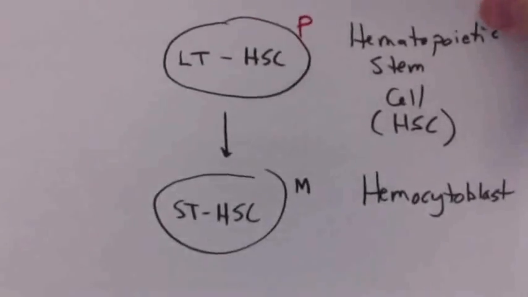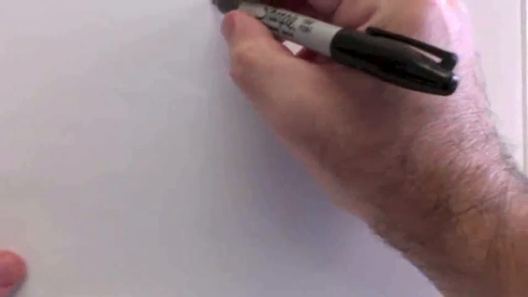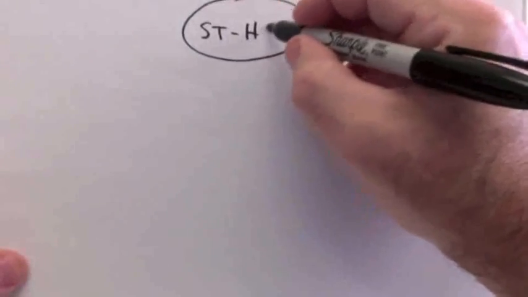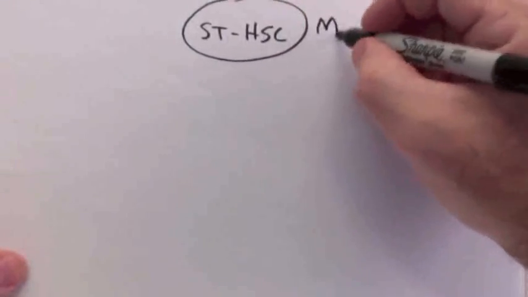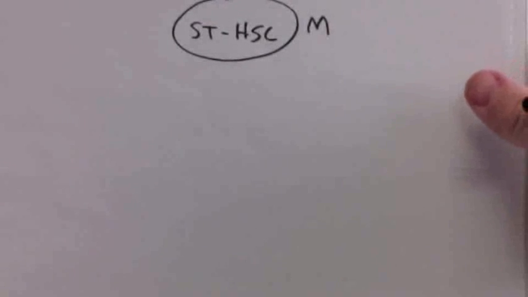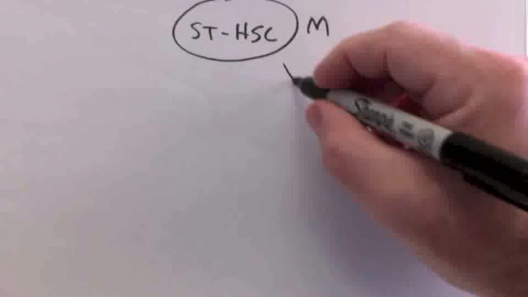We're going to focus in on that cell and its progeny, or its children. So we'll start at the top again to give us a little bit of room. We have our short-term hematopoietic stem cell, which again was multipotent. Now, this cell can divide and give rise to other types of stem cells. We're going to talk about two different cell types it can divide into.